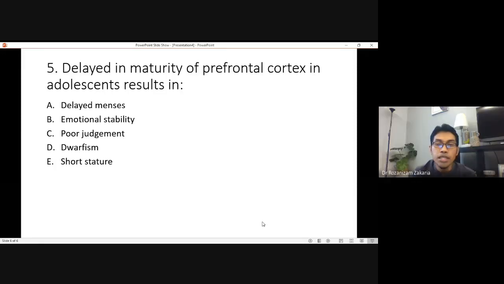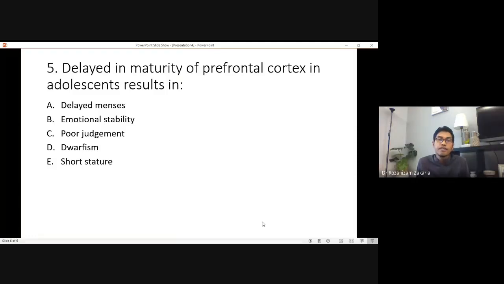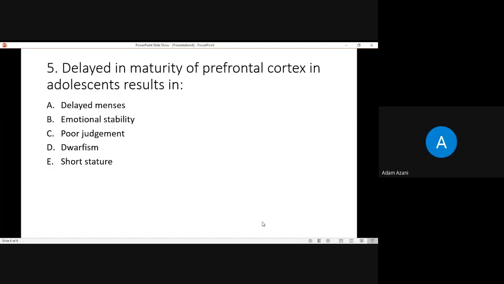Okay, yang kelima, last. Delay in maturity of prefrontal cortex in adolescence results in A, delayed menses, B, emotional stability, C, poor judgment, D, dwarfism, E, short stature.